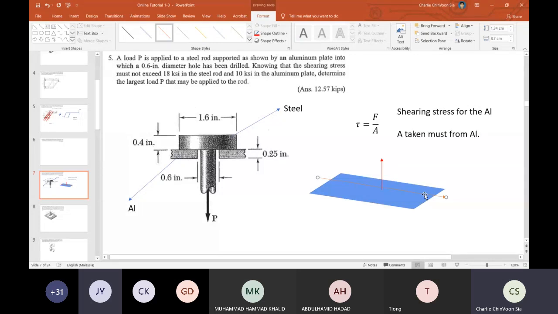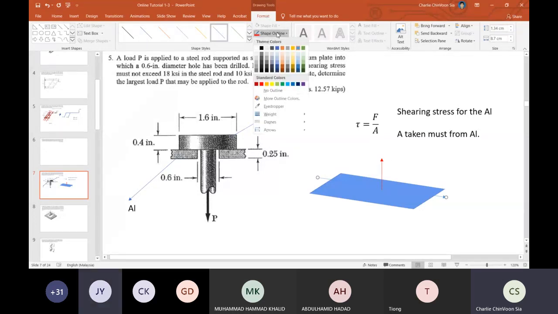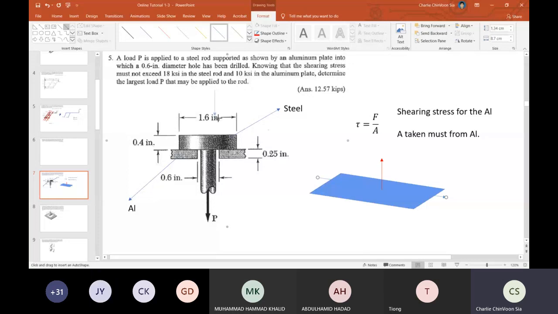Back to the question. What is the direction of the force applied on this structure? The force applied is in this direction, isn't it?